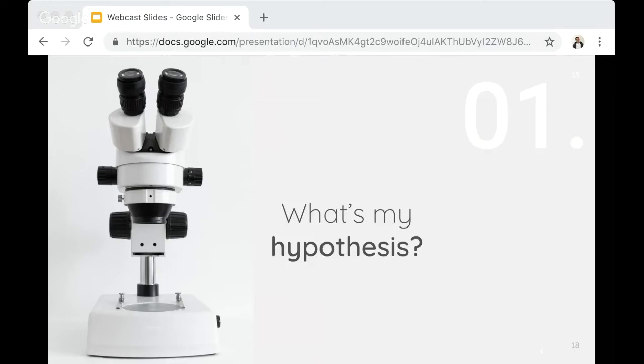So you can actually test both of these hypotheses using pulse surveys. For the first hypothesis, around whether you're hiring the right kind of people, you can pulse survey new hires in cohorts to understand how much they think their skills are a fit for the roles they've been hired for.